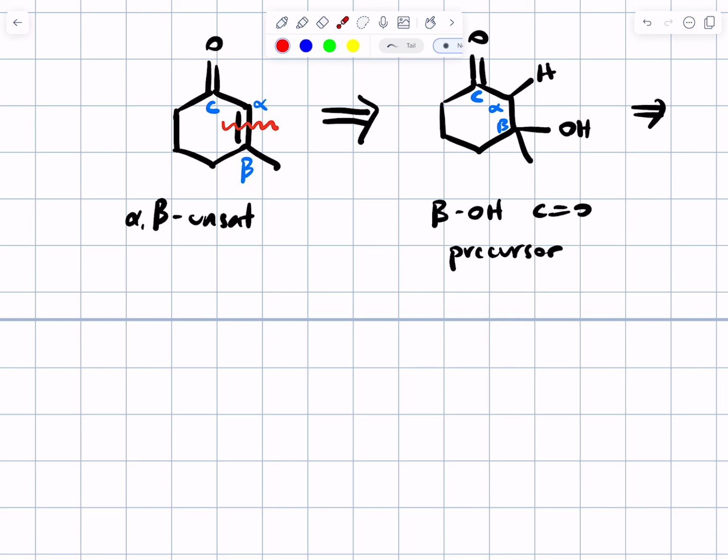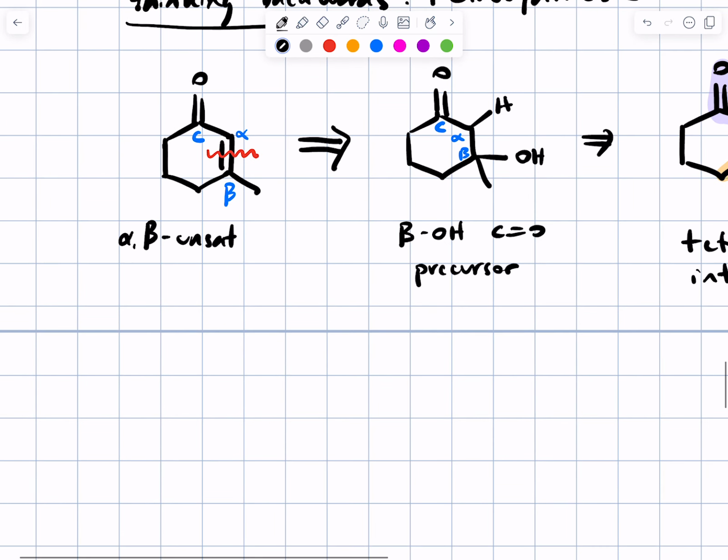On the alpha carbon, you're going to replace both the sigma and the pi bond with a proton. And on the beta carbon, you're going to replace both the sigma and pi bonds with sigma and pi bonds to oxygen.